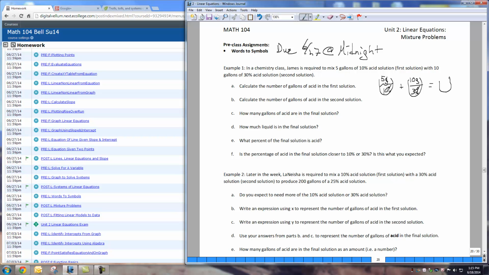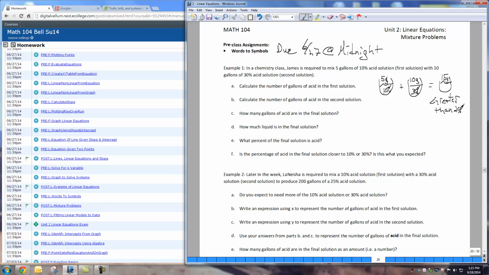So I'm not sure what the final content's going to be, but I know at the end he has to have 15 gallons because he's adding together 5 and 10 gallons. I'm not quite sure what the final percentage is, but definitely since he's using more 30% than 10%, I would expect this value to be greater than 20%.